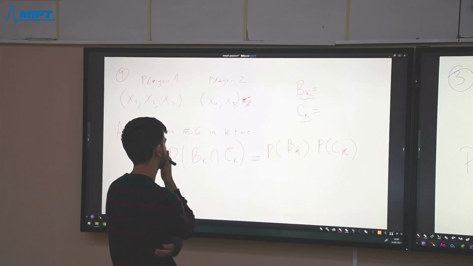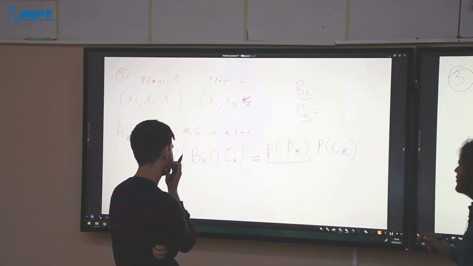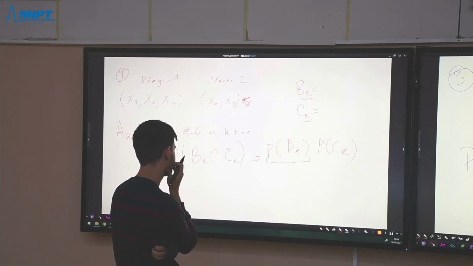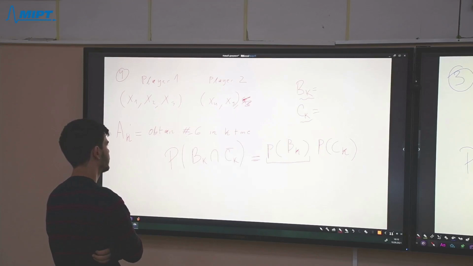Now let's find these probabilities. What's the probability that player A got 6 on the kth roll?